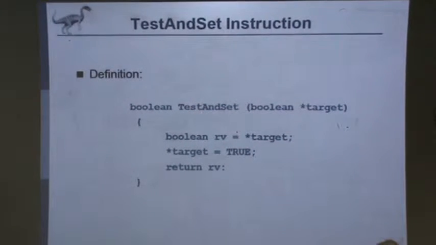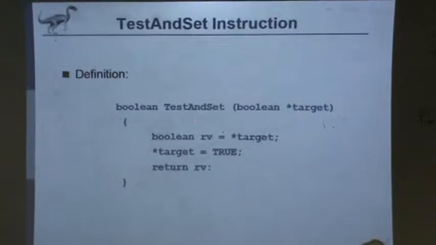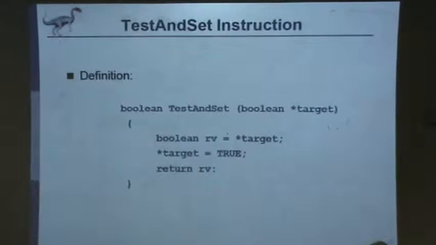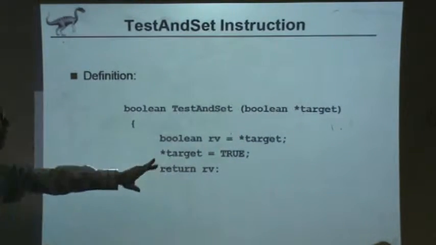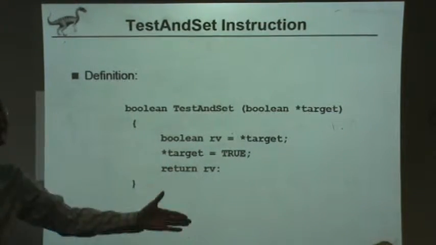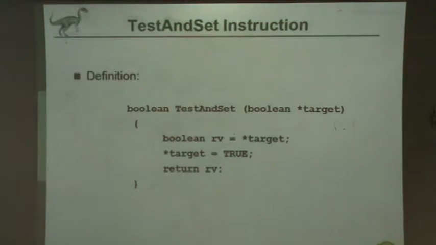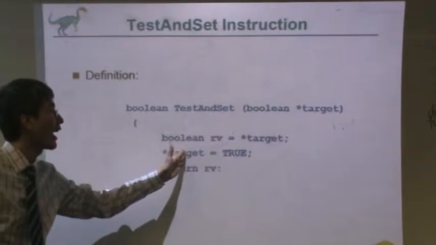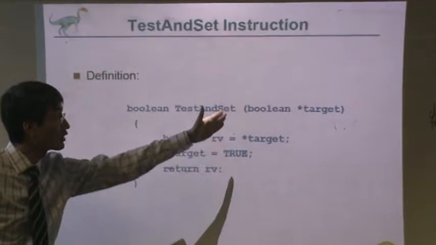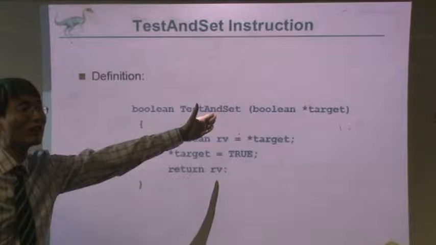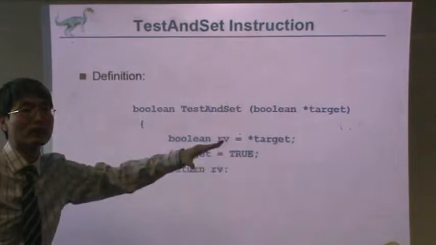So what is the semantics of this test and set? There's an input value, and the input value will be returned as it is, right? And you always set the input value to true.